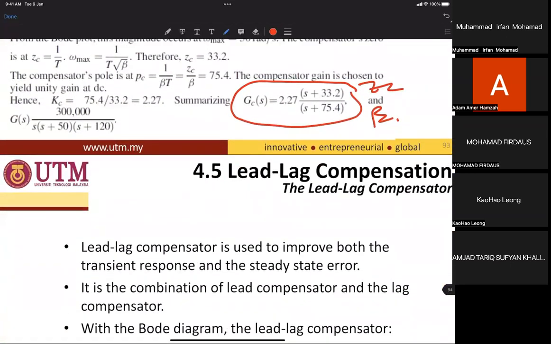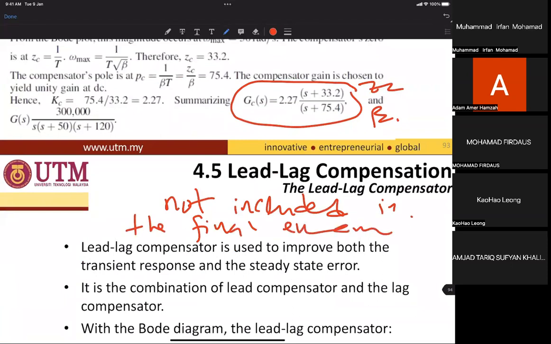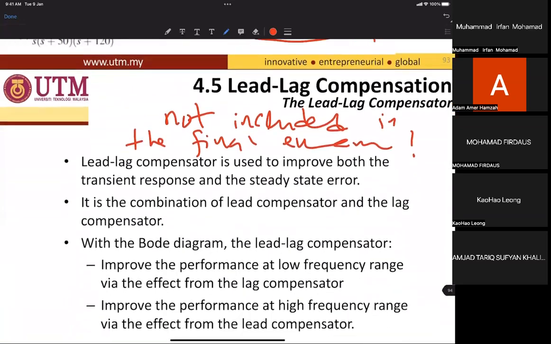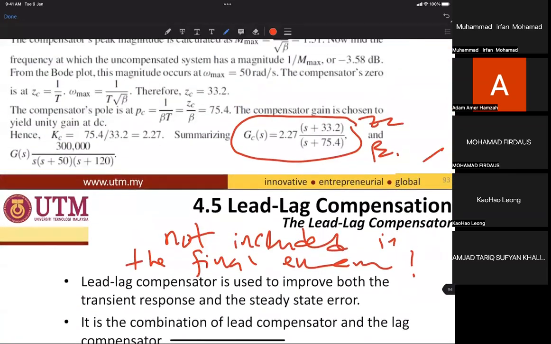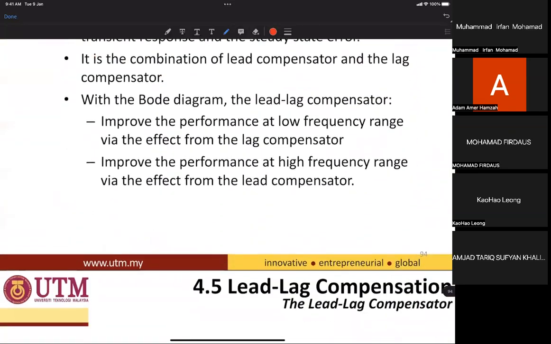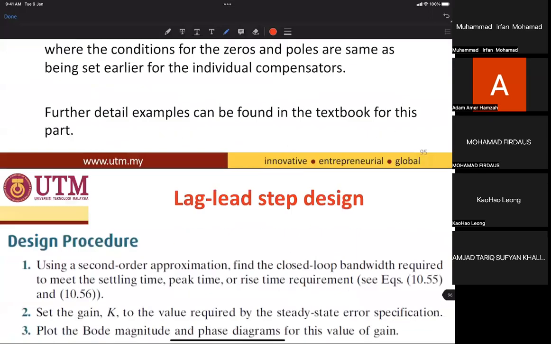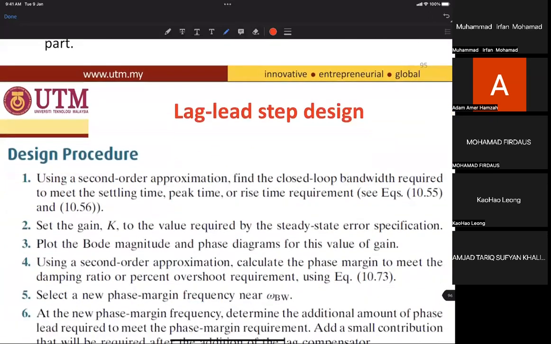And this one is not included in the final exams. So you study until here. Slide 93. This one solution is quite long.